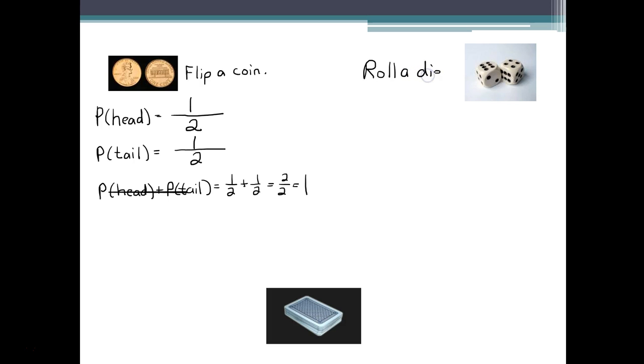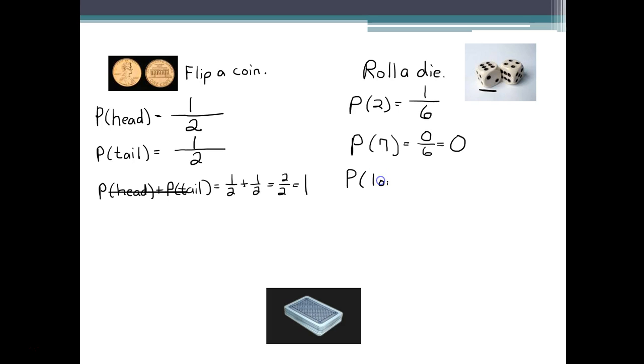Roll a die. We're working with these kind here. We're not going to worry about fancy gaming dice or anything. Just this kind of die right here. Roll a die. Probability of rolling a 2. Well, there's only one way to get 2 out of 6 possible outcomes. Probability of getting a 7 is 0, because there is no 7 on the die.